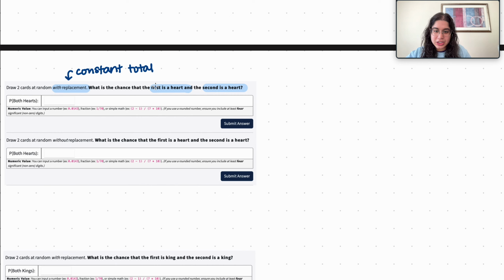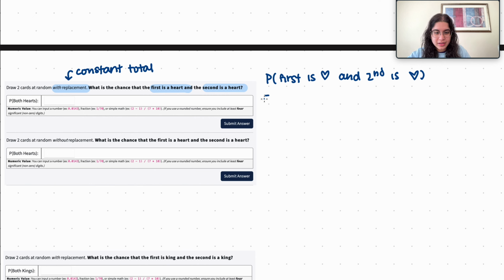Now it's asking what is the chance that the first is a heart and the second is a heart. So I can form my probability statement right now: the probability that the first card is a heart, and our second card is also a heart.